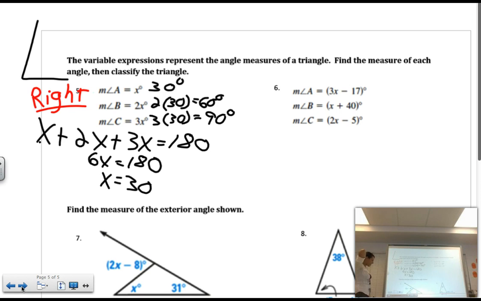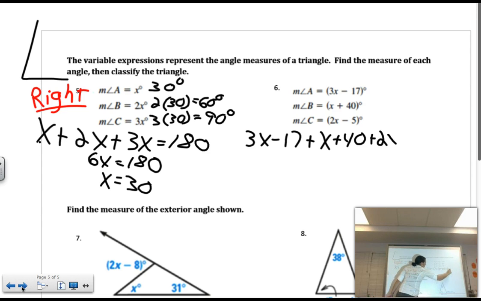Okay, how about number 6? How would I set up number 6? 3x minus 17 plus... thank you.